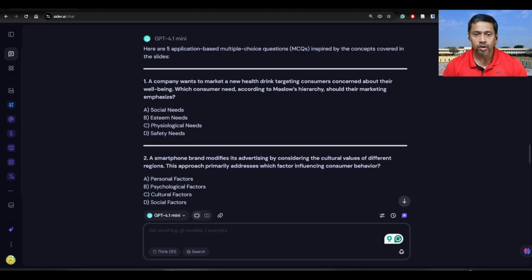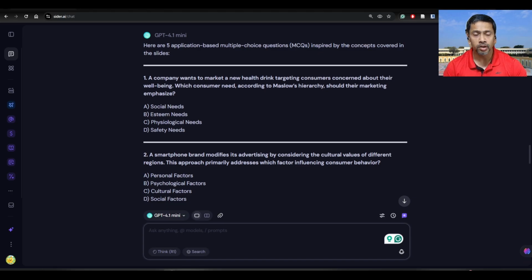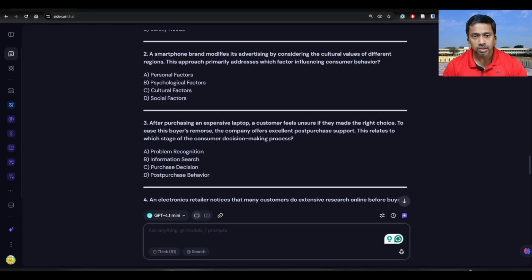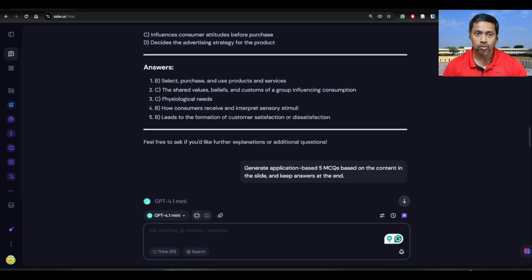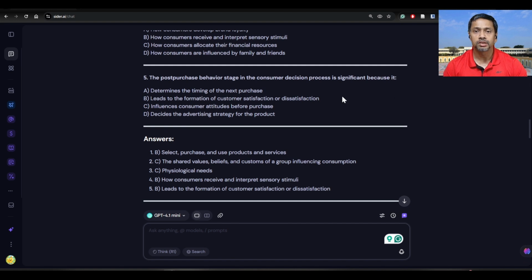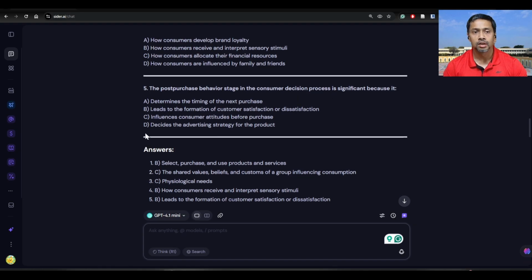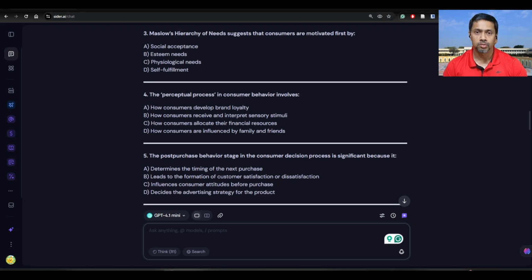A smartphone brand modifies its advertising by considering the cultural values of different regions. Again, an application. After purchasing an expensive laptop, a customer feels unsure if they made the right choice. Again, an application. In contrast, if I go back, you see there was no application in the previous ones. It was just simple theory based: the post-purchase behavior stage in the consumer decision process, or the perceptual process in consumer behavior.